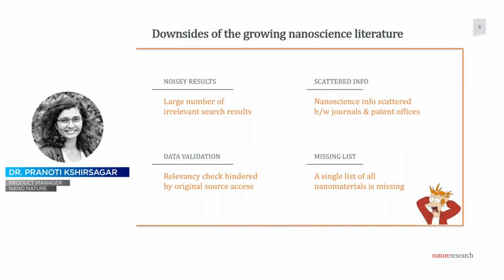There is no single list which researchers like you can go to whenever you are looking for any kind of information. So these are four main pain points, and there are many more downsides to the growing nanoscience literature.